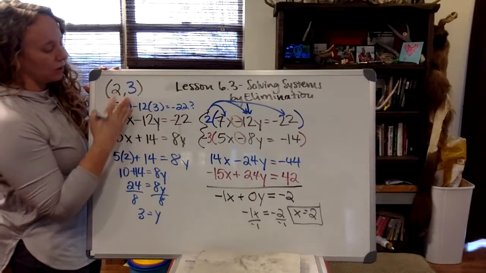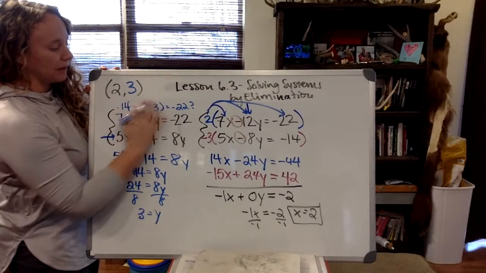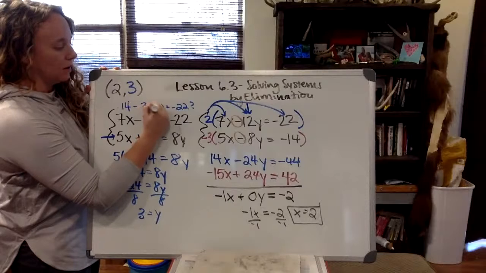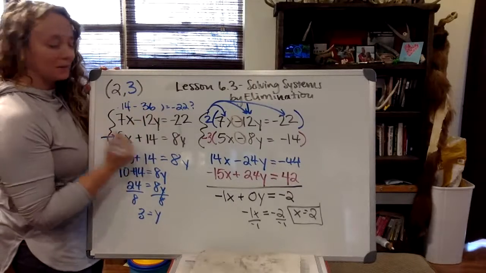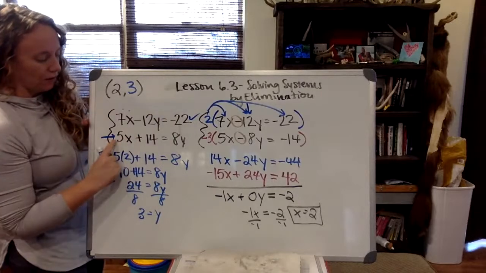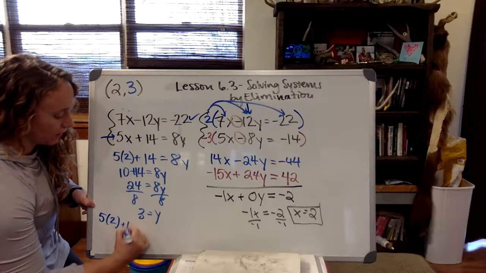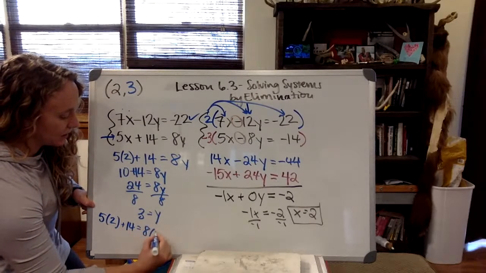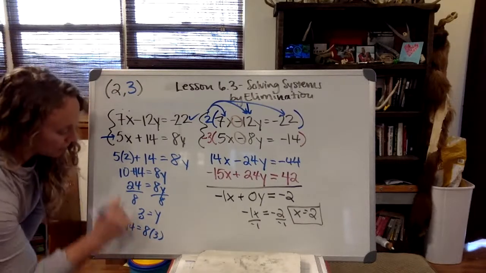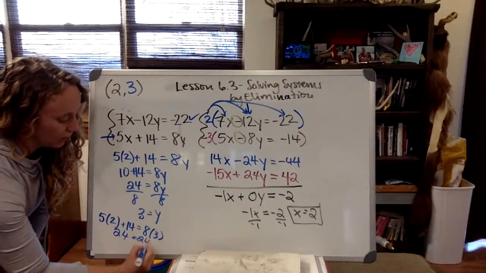So 7 times 2 is 14. 12 times 3 is 36. 14 minus 36 gets me -22. That one's good. Awesome. This next one down, 5 times 2 plus 14 is equal to 8 times 3. 5 times 2 plus 14, we figured it out up here, it's 24. 8 times 3 is 24.